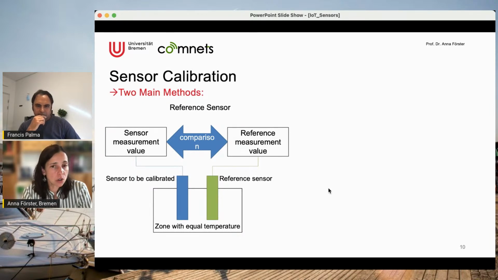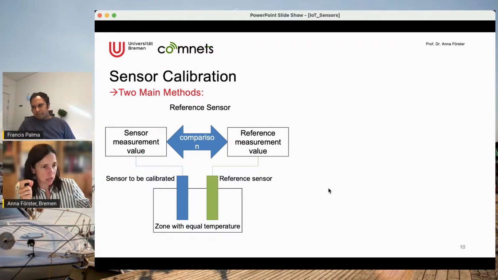You can use the so-called reference sensor. So what you have is a digital or an analog sensor, and you have a reference sensor which already has its numbers and knows exactly what the surrounding temperature is. For example, you can take even a very simple analog sensor like the ones you use on your window, right?